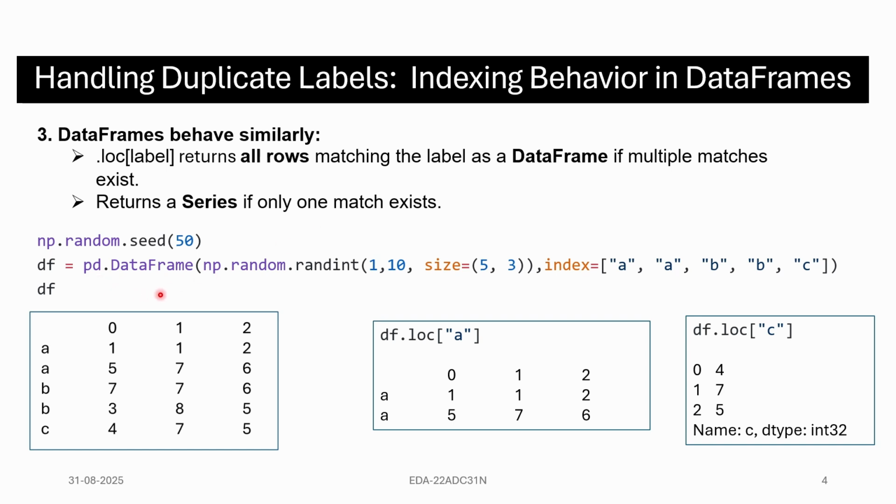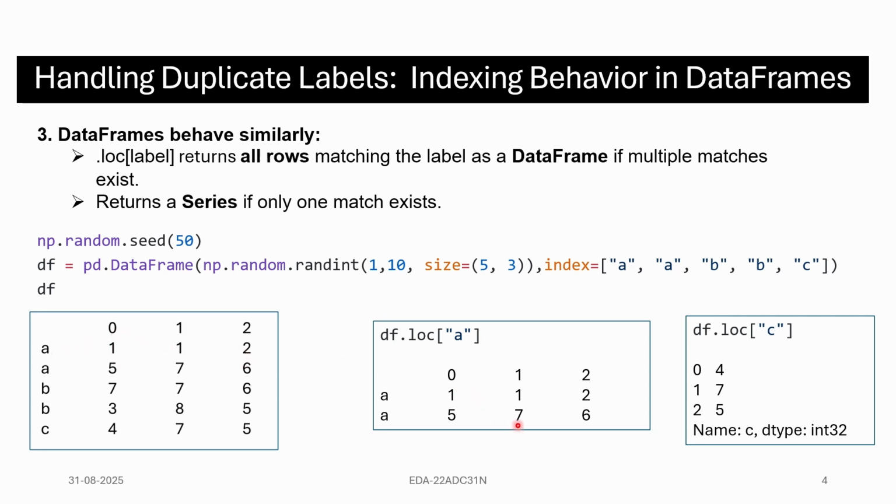This is the data frame that we are creating. df equal to pd.DataFrame(np.random.randint(1, 10, size is 5 by 3)). That means 5 rows and 3 columns with the indices A, A, B, B and C. This is the resultant data frame. Then if we try to use df.loc of A, A is repeated twice, so it returns both the rows with the column labels as well as the index.